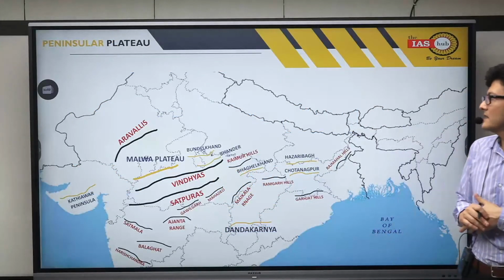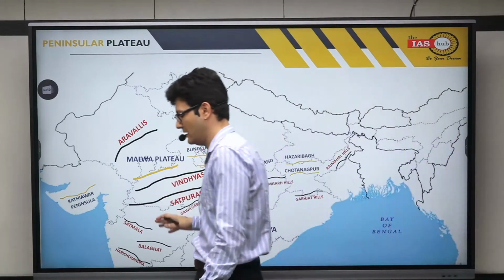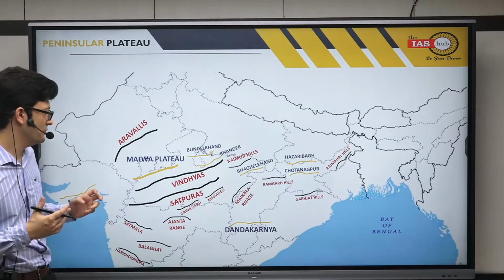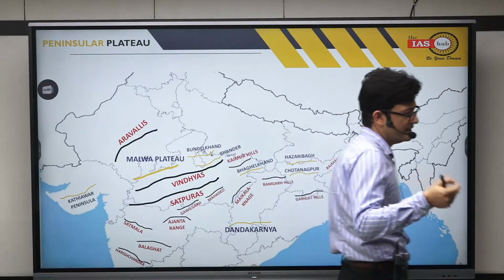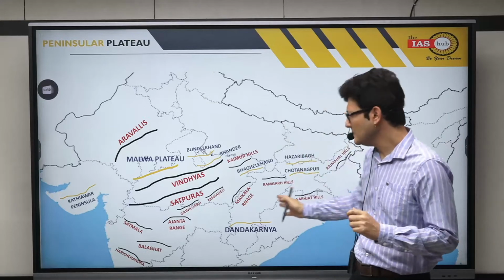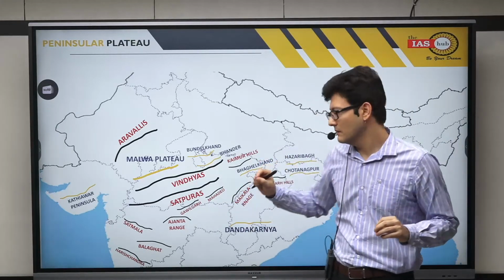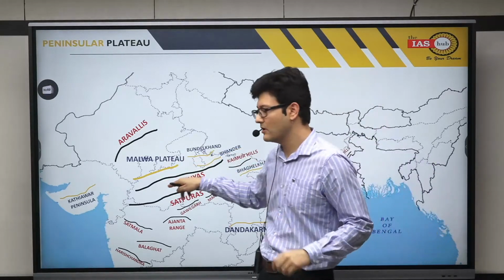Now let us have a look at the peninsular plateaus and each and every hill which you can find. Seeing these hills might be very complicated for you right now, but you'll have to identify the location of each and every hill or mountain range or plateau region in the southern part or the central part of India, depending on the location of one or the other mountain ranges or hills.